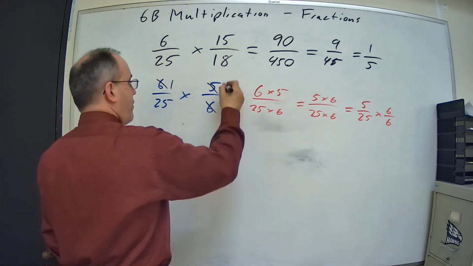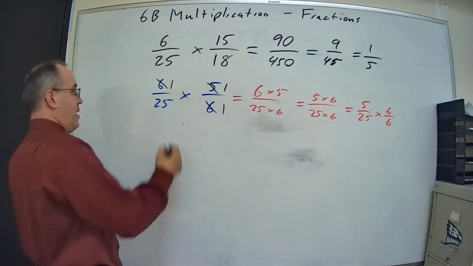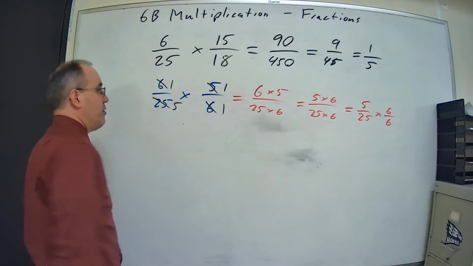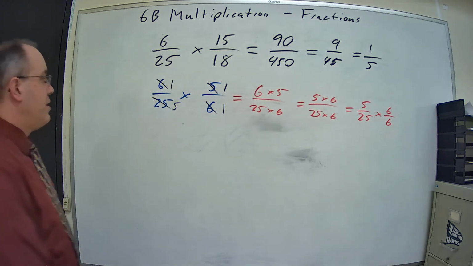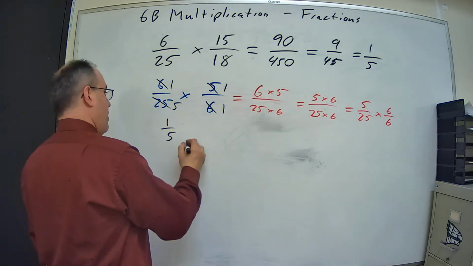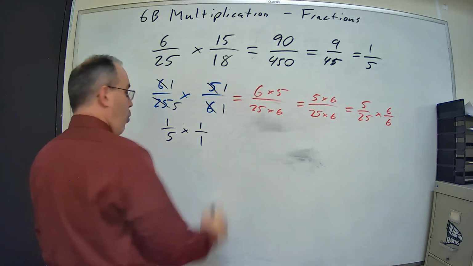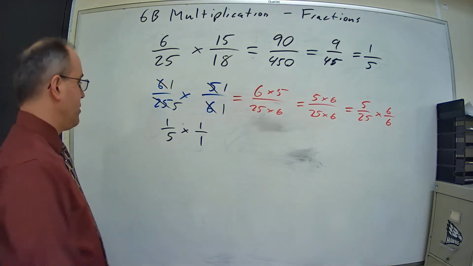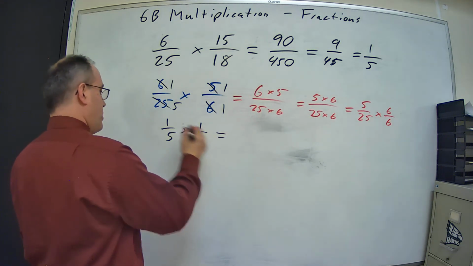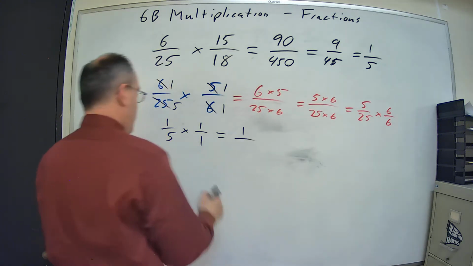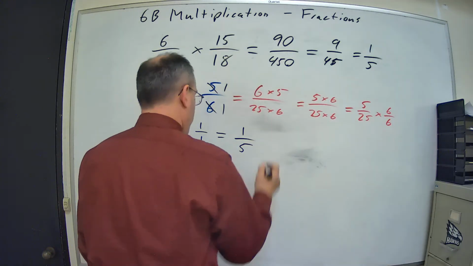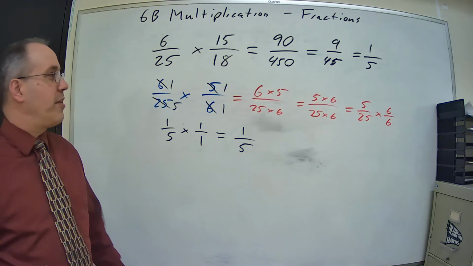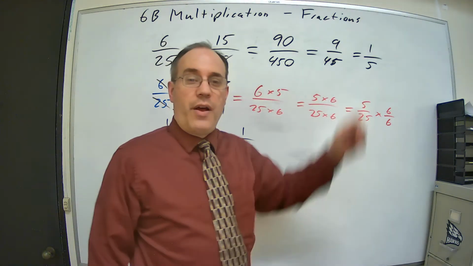I can take that 5 and turn it into 1, and I can take this 25 and turn it into a 5. Now I have 1/5 times 1/1. You don't use the term 1th very often, which gives me 1 times 1 is 1, 5 times 1 is 5, 1/5, which is what we found here.